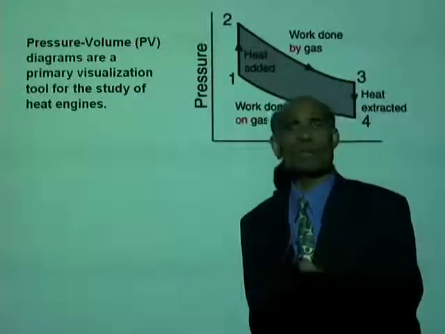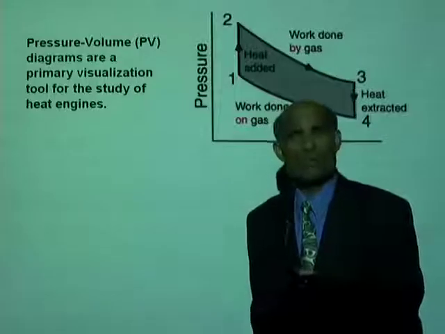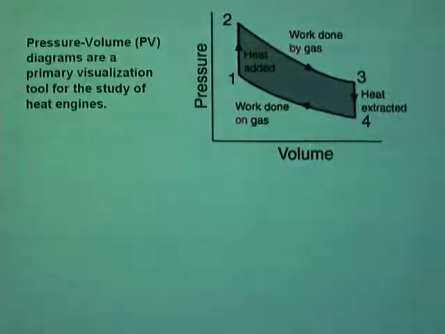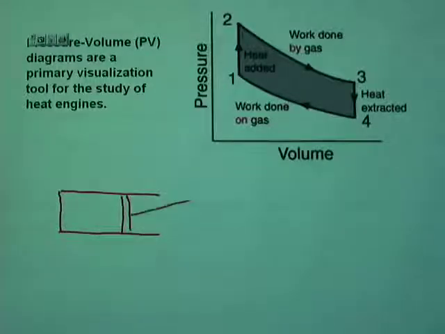Now, do you know really how the engine of a car works? Now, let me take a minute and try and see if I can explain that to you. Now, your car engine has, I'm just going to take one cylinder. There's a cylinder, there is a piston, and the piston is, of course, connected to the crankshaft.